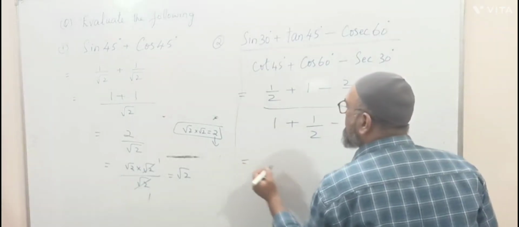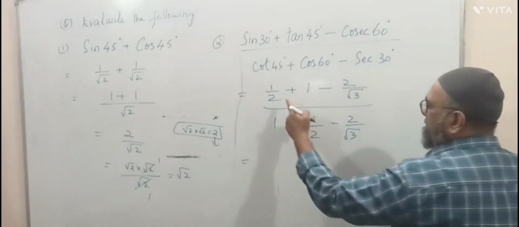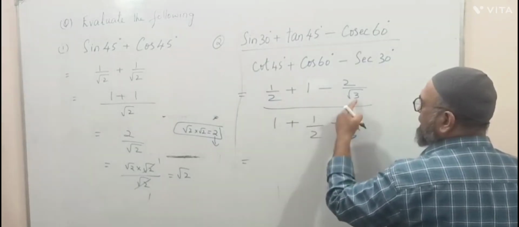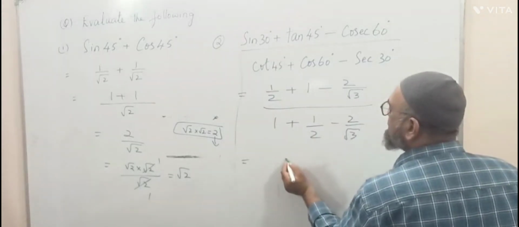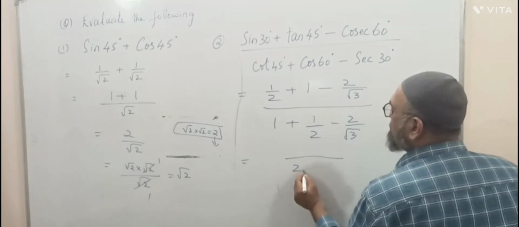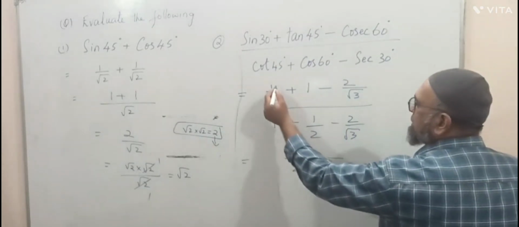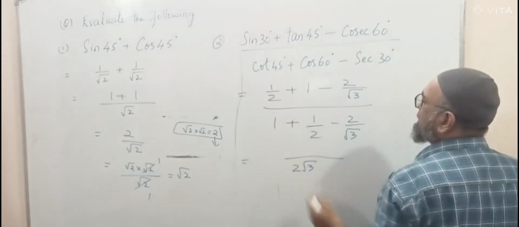How we will solve this now? We will take the LCM. 2 and root 3, LCM here is 2 root 3. So here what I will get?